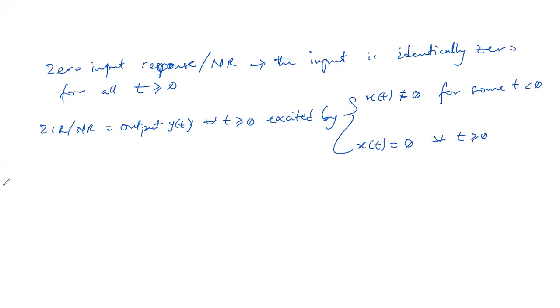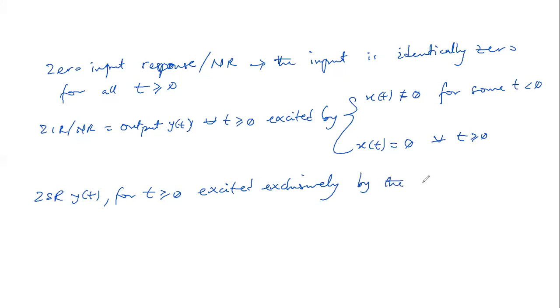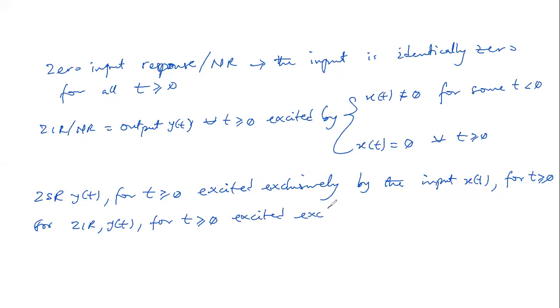So now this brings us to the point of saying that the zero state response y of t for t greater or equal to 0 is excited exclusively by the input S of t for t greater or equal to 0, and the zero input response y of t for t greater or equal to 0 is excited exclusively by the input S of t for t less than 0.